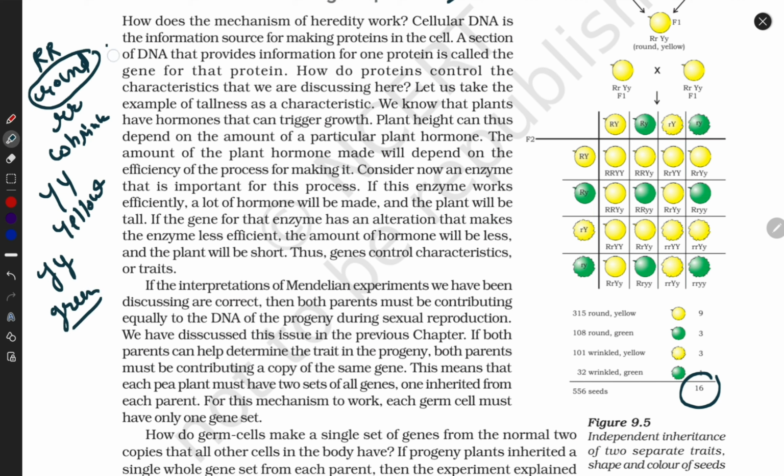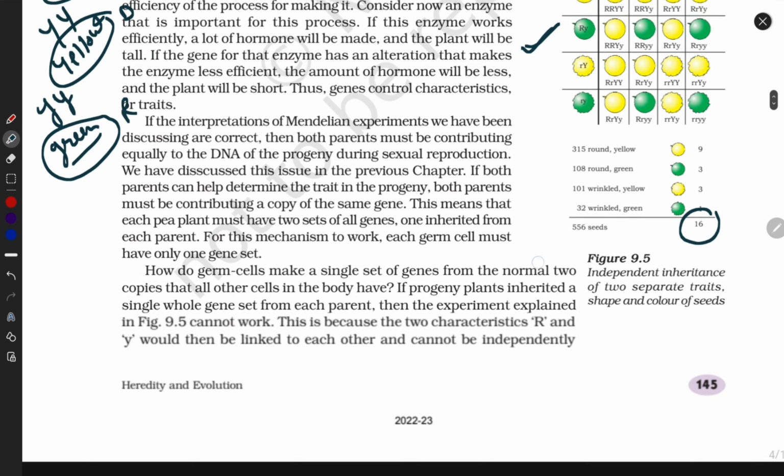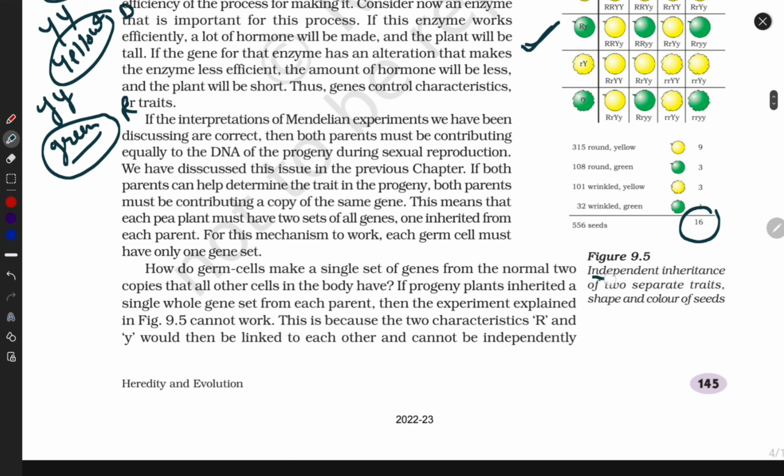Here round is dominant, yellow is dominant, wrinkle is recessive, and green is the recessive trait. That kind of chart we found. And this is the second law of Mendel, the independent inheritance of two separate traits.